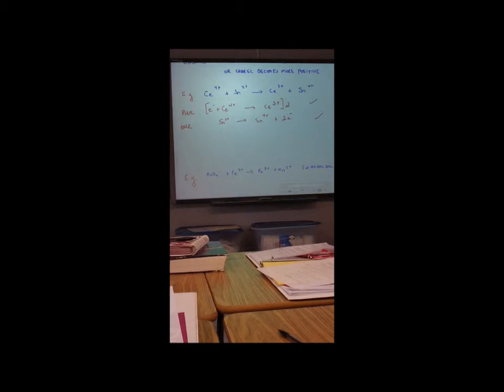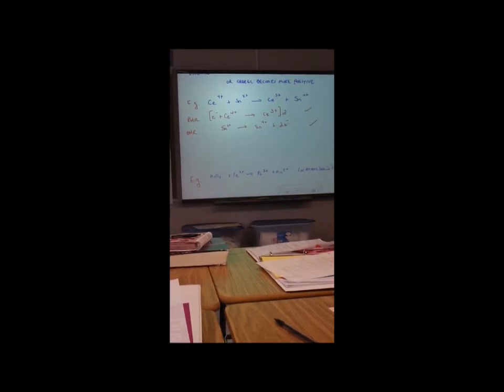And in this case, I'm multiplying the reduction half reaction by 2 so that I have 2 electrons on the reactant side, 2 electrons on the product side, and then I can add them together.